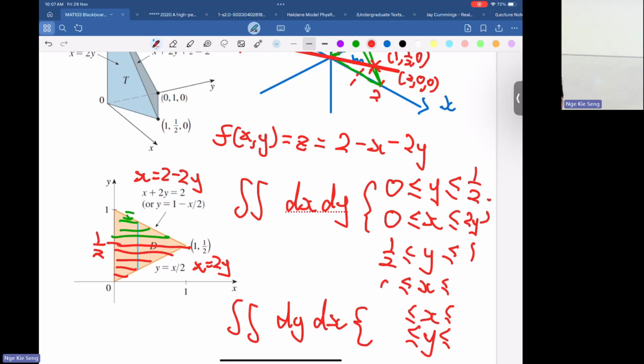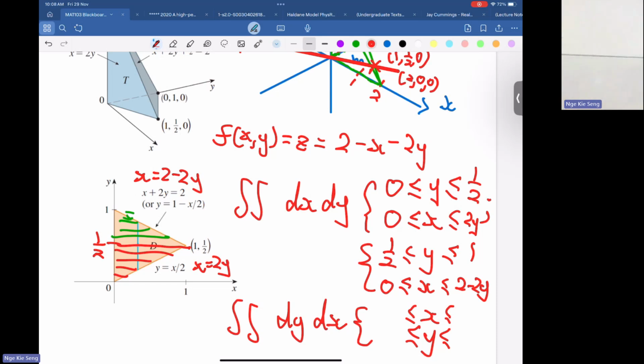For the other, x goes from 0 to 2 minus 2y. Does it make sense? You integrate x, substitute by y, and in the end integrate over y, so you get a number.